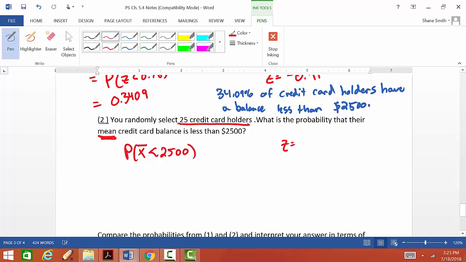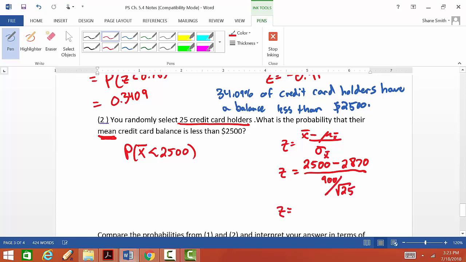So now my z-score formula is X bar minus mu sub X bar over sigma sub X bar. But many of the numbers are the same. The mean that I'm talking about is 2,500. Mu sub X bar is still going to be 2,870. Sigma is still 900, but now I have to divide that 900 by the square root of 25.